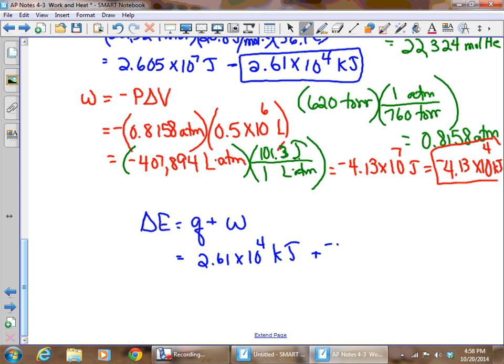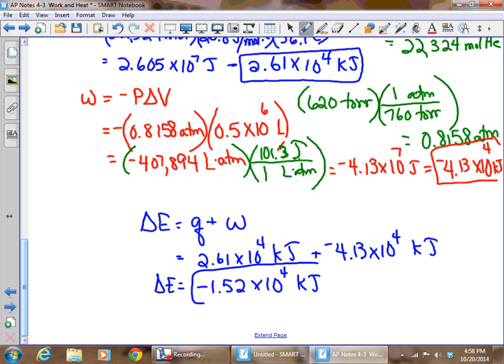That work was a negative 4.13 times 10 to the 4th kilojoules. So it looks like our delta E value is going to be negative 1.52 times 10 to the 4th kilojoules. So if you just do this systematically, step by step, doing your conversions as you go, the problem is very doable.